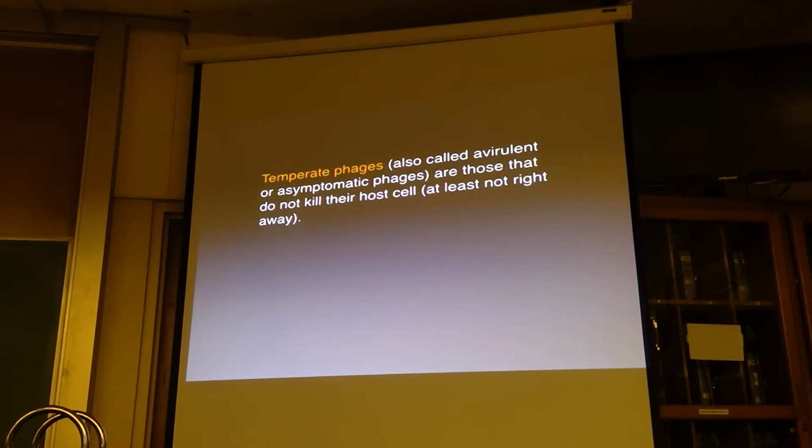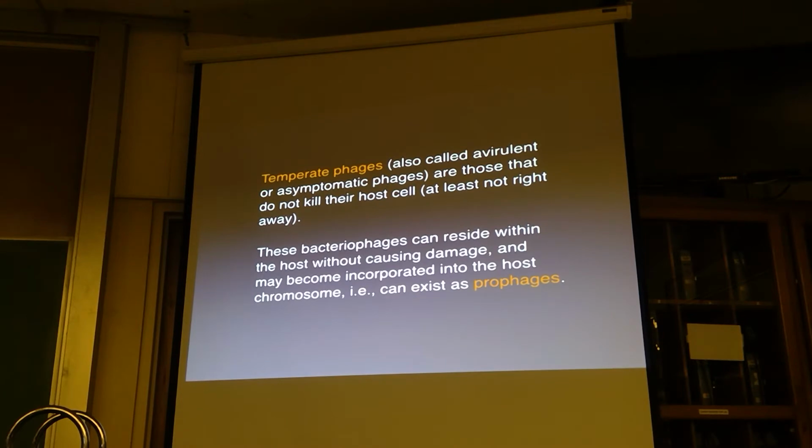The bacteria is not going to have any symptoms of phage infection. At least not right away. And I have to qualify that because these phage can revert back and forth. They can be temperate for a while, and then they can be virulent, cytolytic. So they don't always stay the same way.